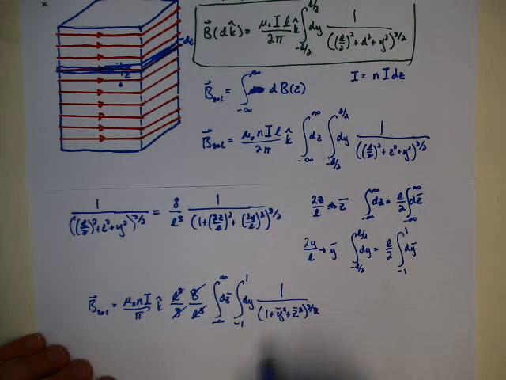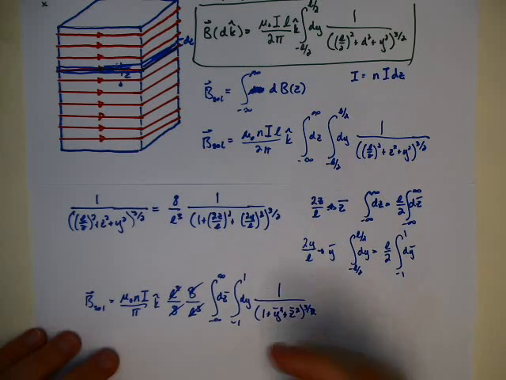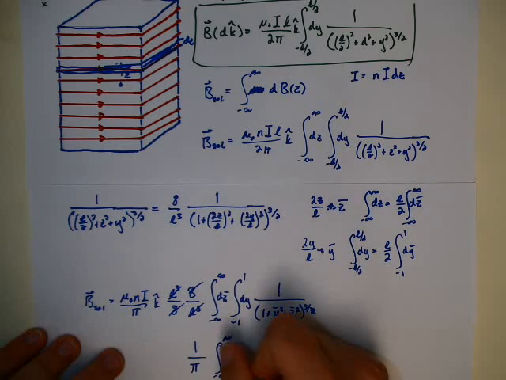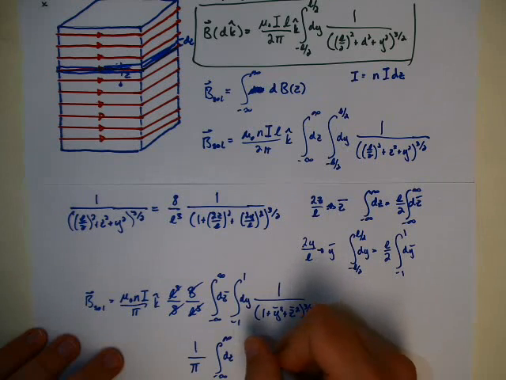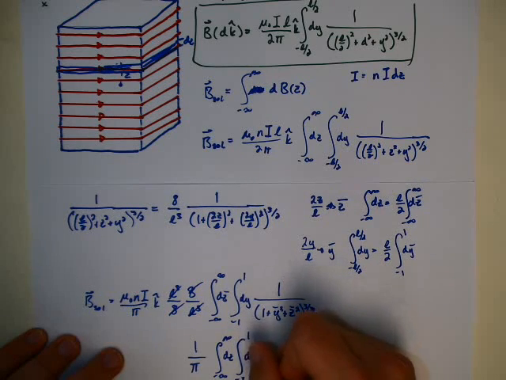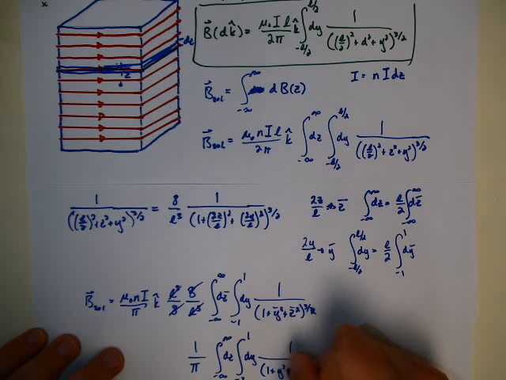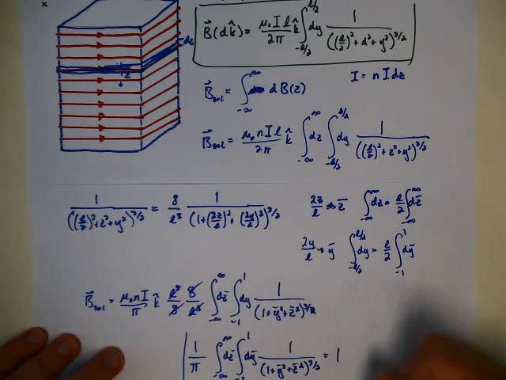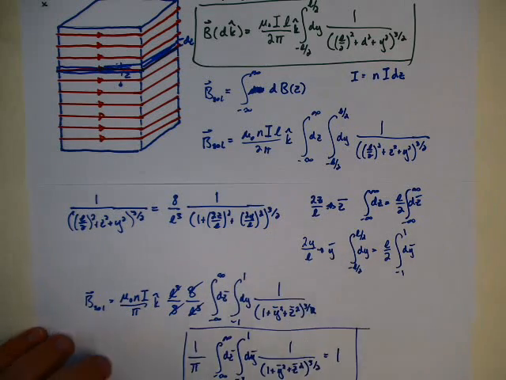Also, because we know the answer, we've kind of proven a second thing, which is we now know that 1 over pi should be this integral here. So there's another thing that we've shown.